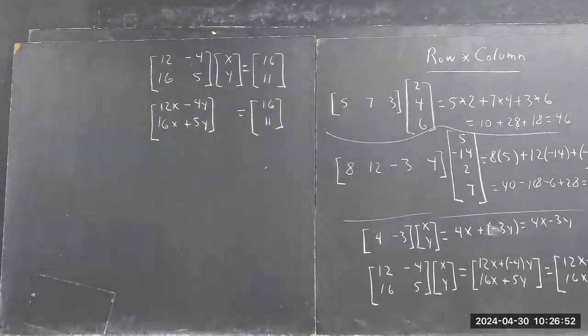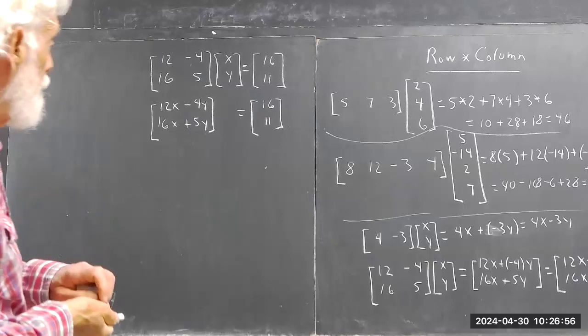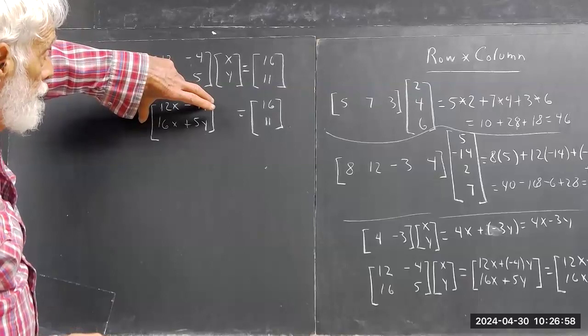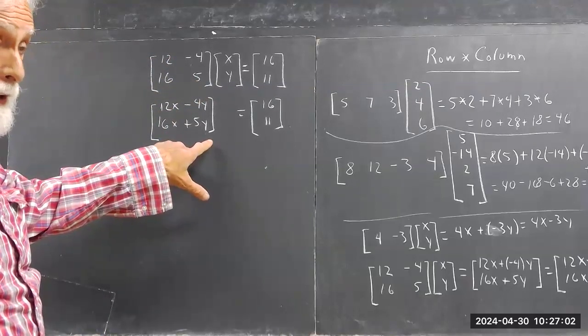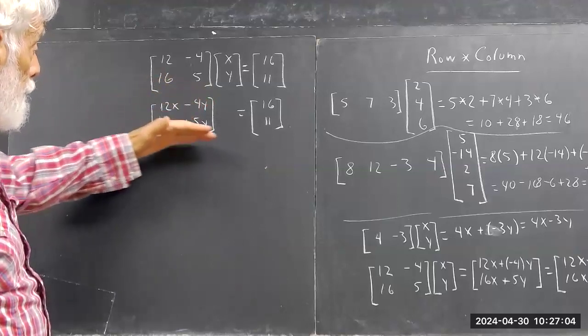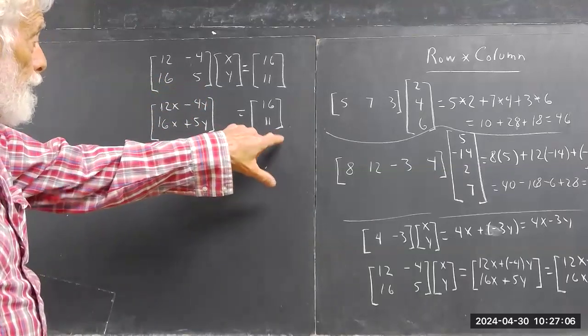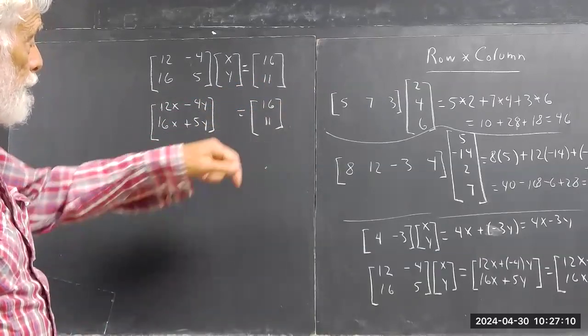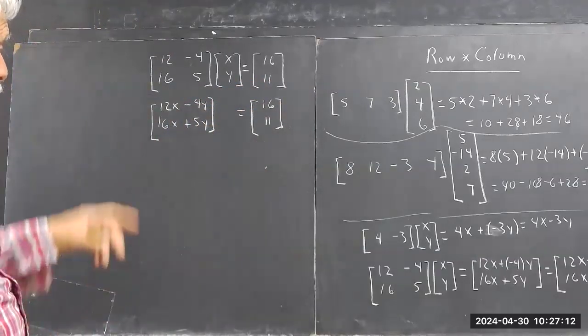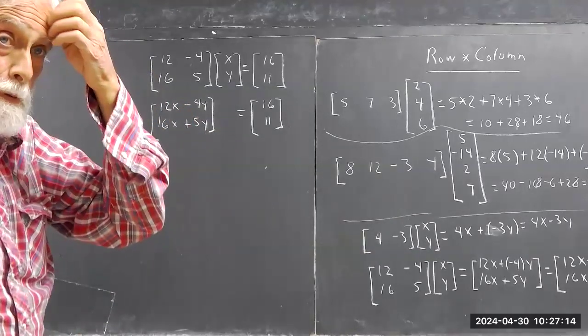Okay. Now, this is called a matrix, okay? It's got a top row and a bottom row. And the two matrices are equal.